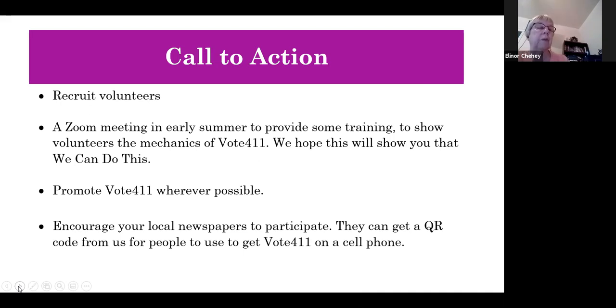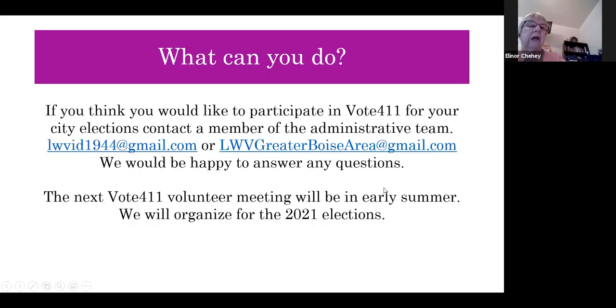And we'll encourage you to promote Vote 411 wherever possible, and encourage your local newspapers to participate, either putting it in print if they feel they can print it, or they can get a QR code that allows people to get Vote 411 on a cell phone, or they could just advertise that if people go to Vote 411, they can find the information about their candidates. So that's our hopes for 2021 and 2022.